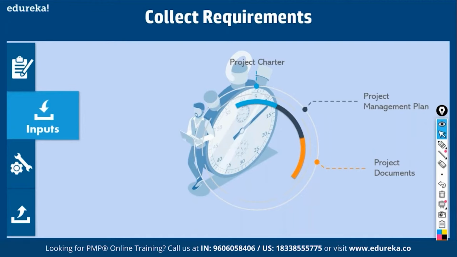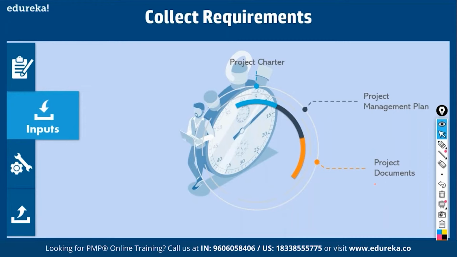It is either a plan or it is a document. For example, you have a business case before you launch a project. The business case tells you what the high level requirements for a product are. That will guide you. Then you have a plan called the benefits management plan that tells you how to manage benefits. So there are a lot of project documents, and these will guide you in collecting requirements.